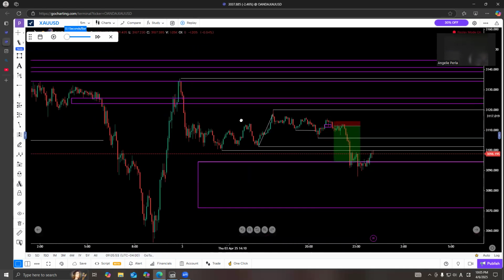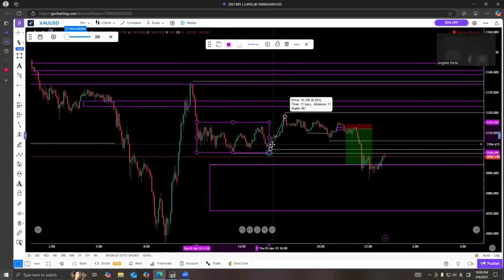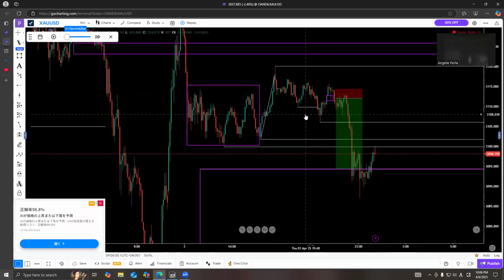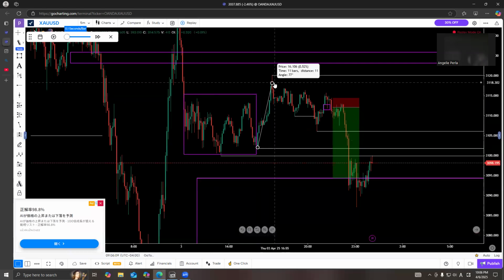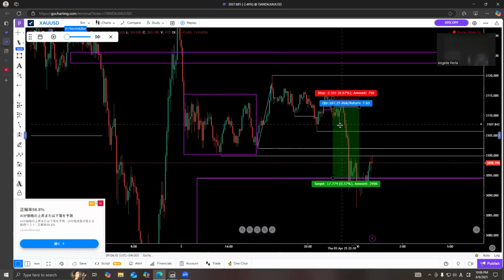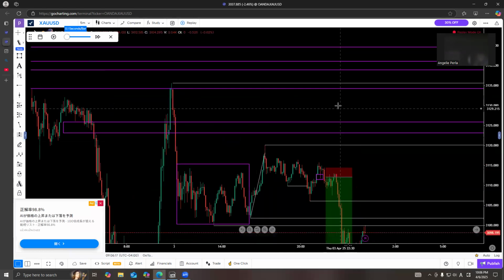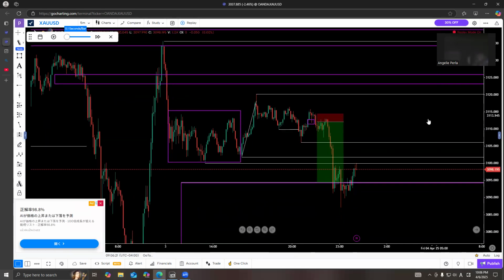So we are looking for some sort of manipulation, which is right here, and then manipulation to the upside. If this structure right here is a valid market structure, and this equilibrium at this point continues forward, taking these highs right here, the market will go bullish.